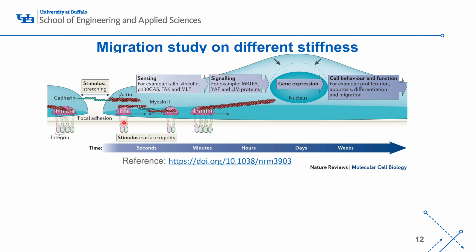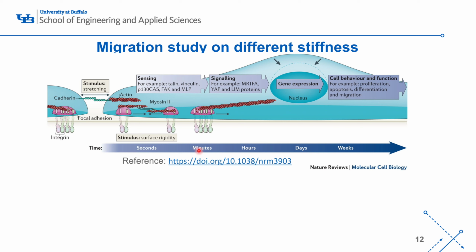For example, when integrins interact with the surface, it leads to a change in the structure of actin, and cell-cell interactions will also be affected. All these interactions will trigger intracellular changes such as actin polymerization.